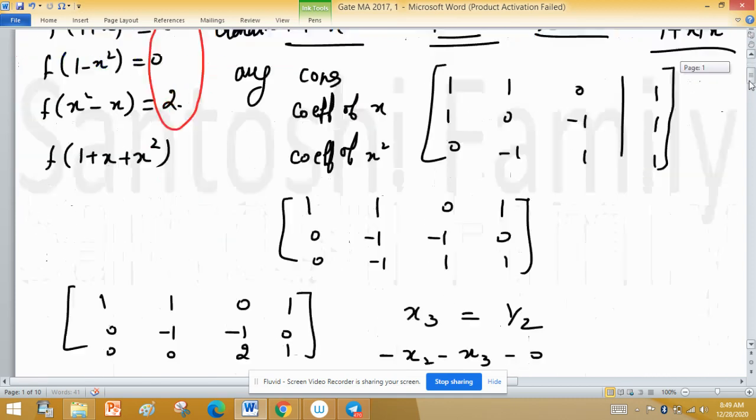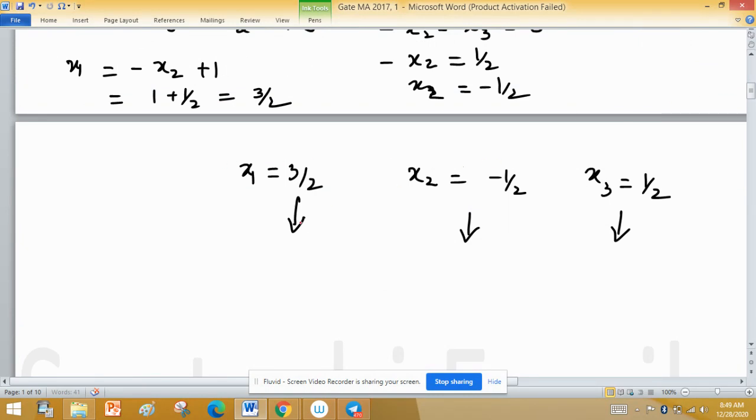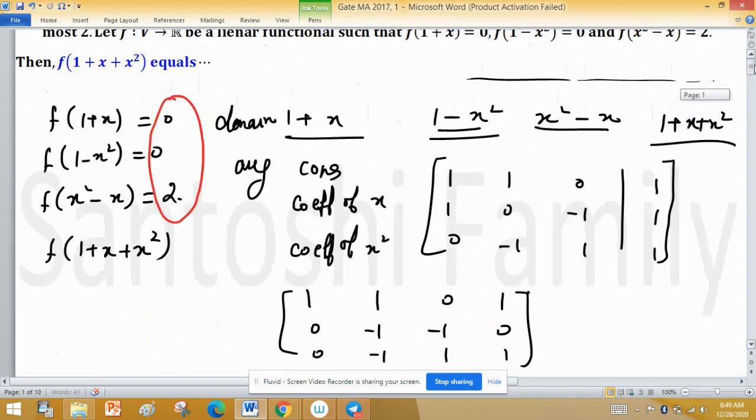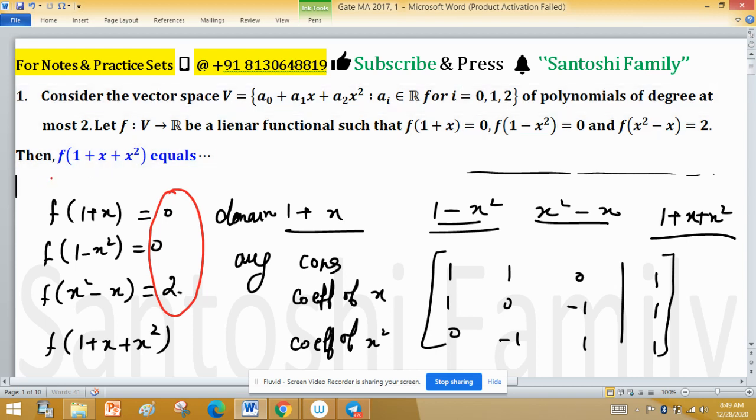So multiply these images respectively, and the sum of all these products is 1. This is the way to find the value. So f of 1 plus x square is equal to 1.